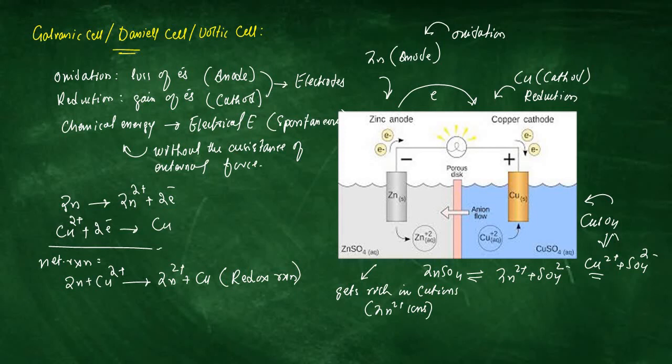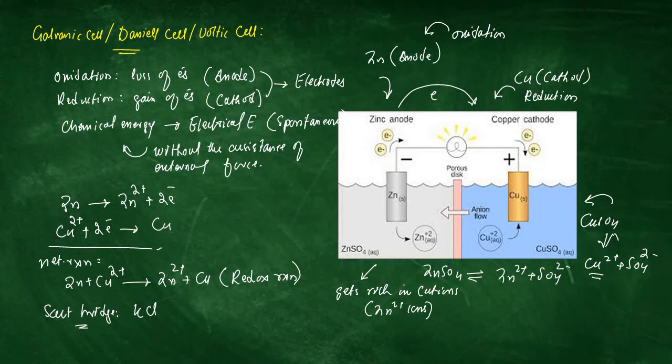In order to balance this buildup of positive charge in the anode compartment and decline of positive charge in the cathode compartment, we connect both solutions through a salt bridge, which is usually filled with an electrolyte such as KCl.